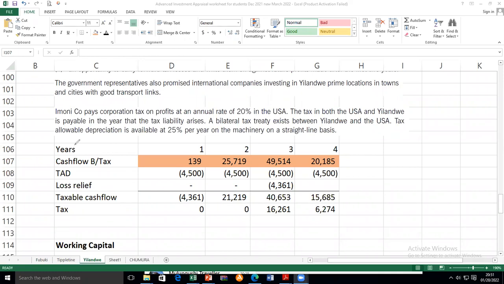That should there be a loss and tax allowed depreciation, my presentation is cash flow before tax, tax allowed depreciation, and leave room for loss relief, to enable you calculate the taxable cash flow.